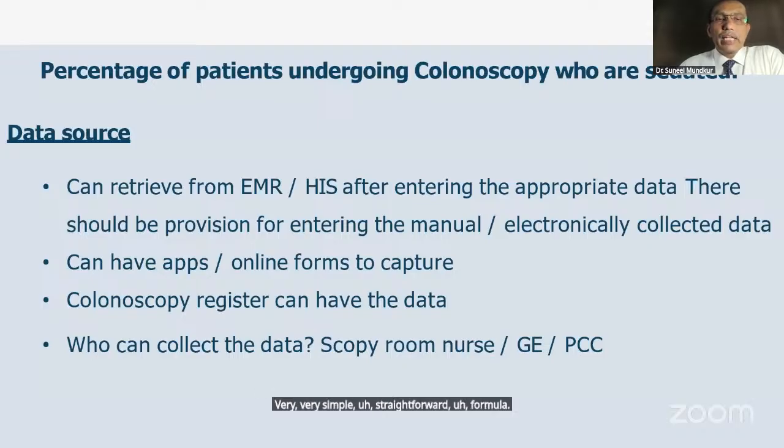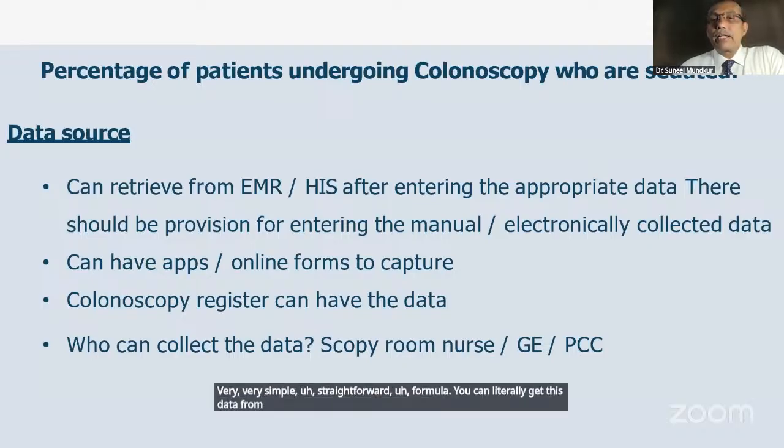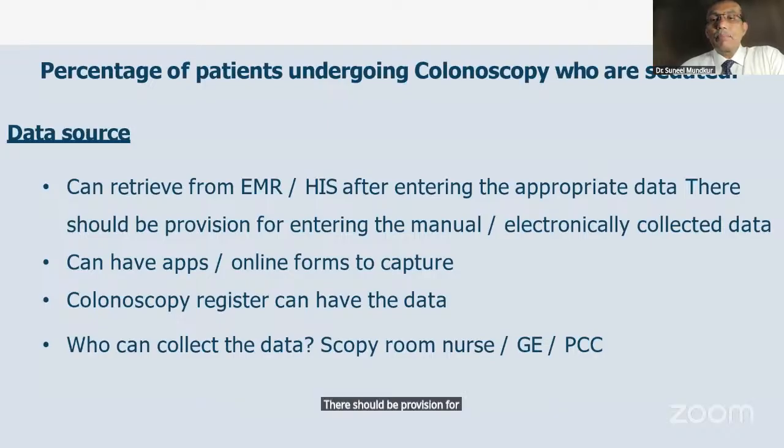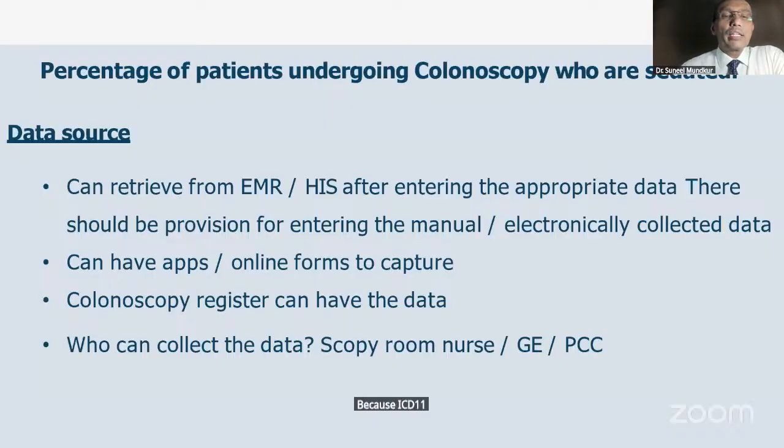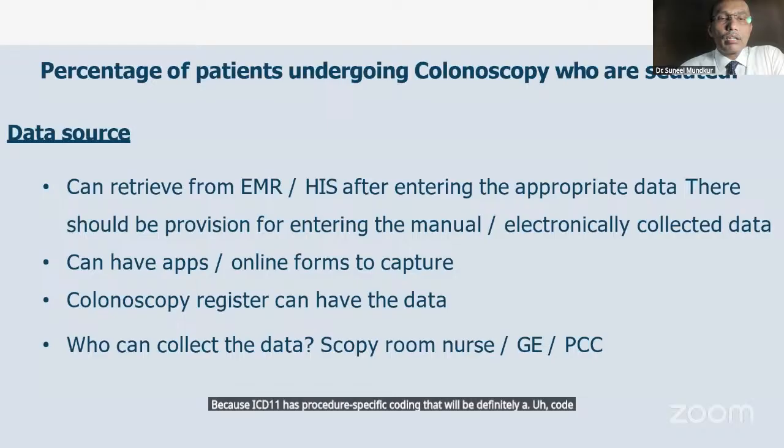You can retrieve this data from EMR or HIS after entering the appropriate data. There should be provision for entering manually or electronically collected data also. You can directly collect it from EMR, and it's very easy once you implement ICD-11 coding, because ICD-11 has procedure-specific coding. There will definitely be a code for colonoscopy.